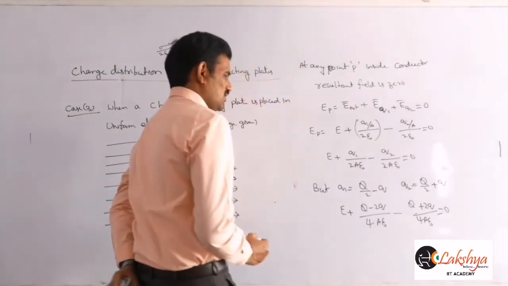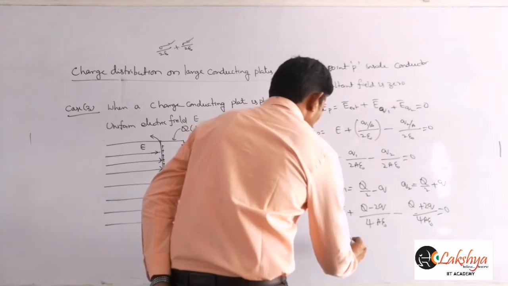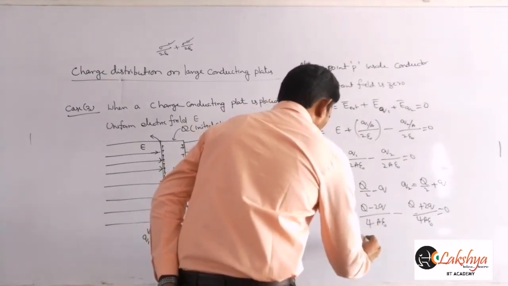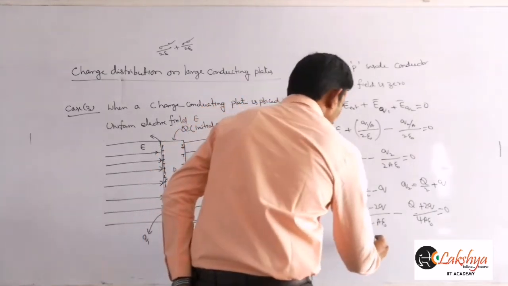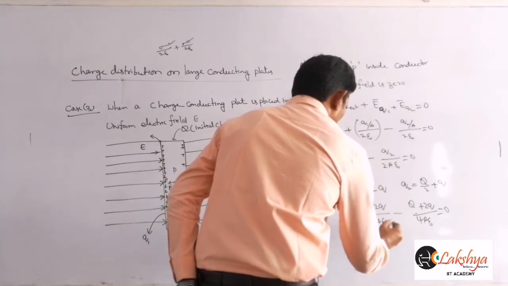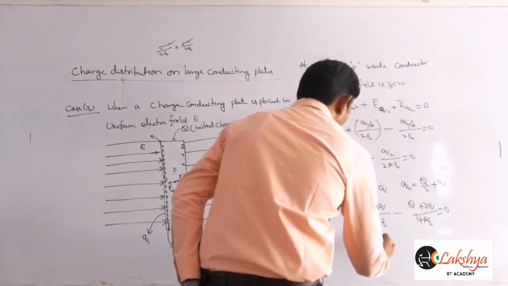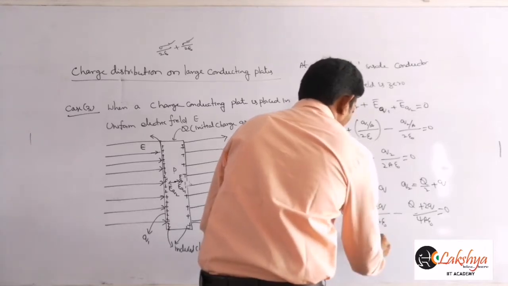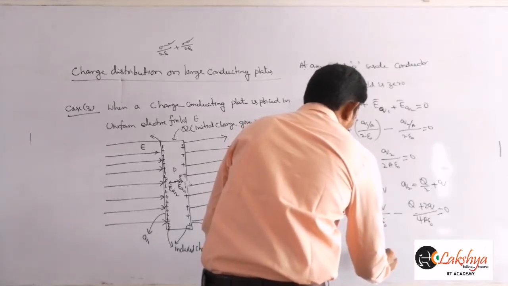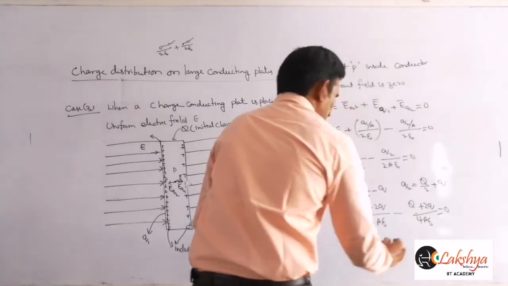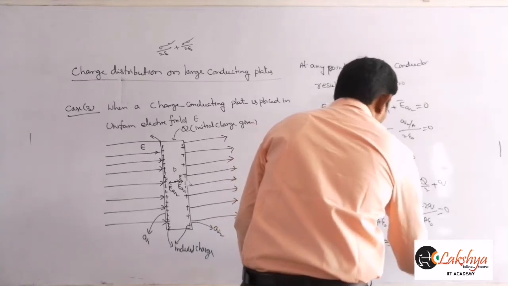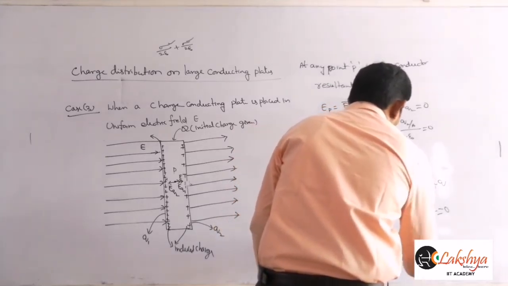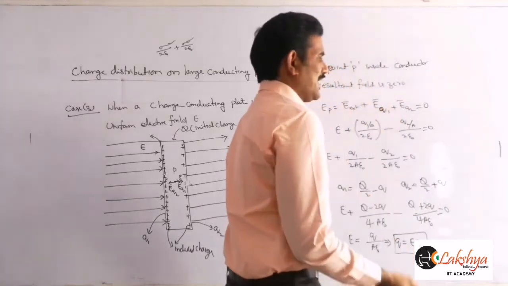So for that small q value, this 4A epsilon naught term will be cancelled. So E is equal to q by A epsilon naught you will get, and that implies this q value will be E into A into epsilon naught, that means same as our previous value.